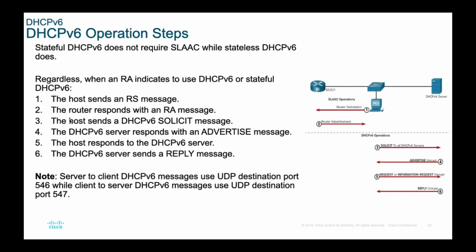And then the RA indicates there is a DHCP server. So the host will send a DHCP solicit message. A solicit message is just like a request. And then the server will respond with an advertise message, with all the info.